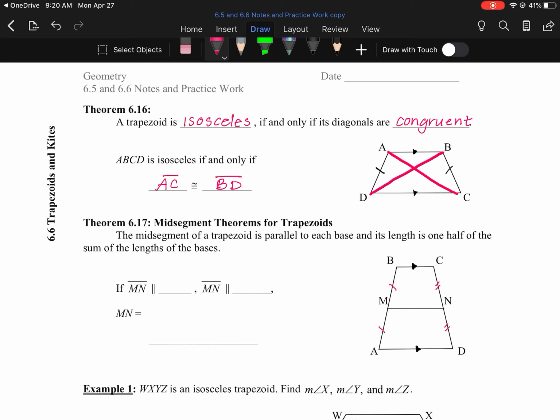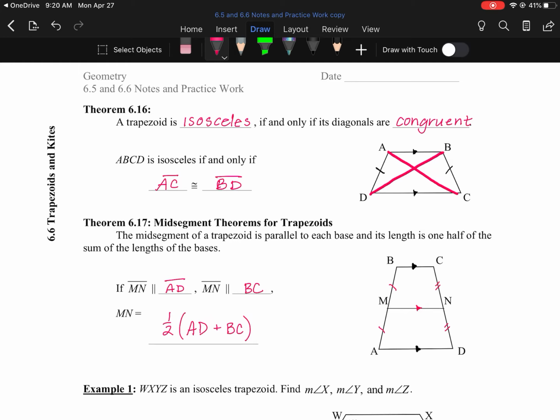So if MN is parallel to AD, and MN is parallel to BC, then we know that MN is half the sum of AD and BC.